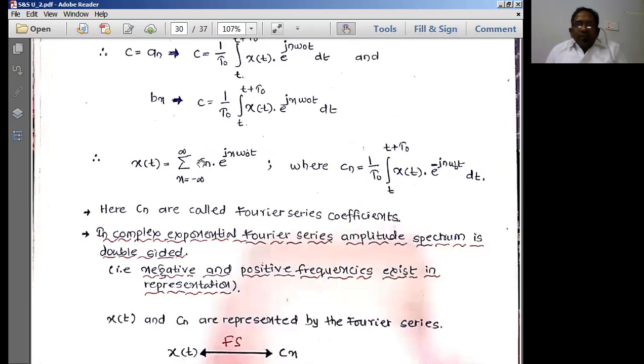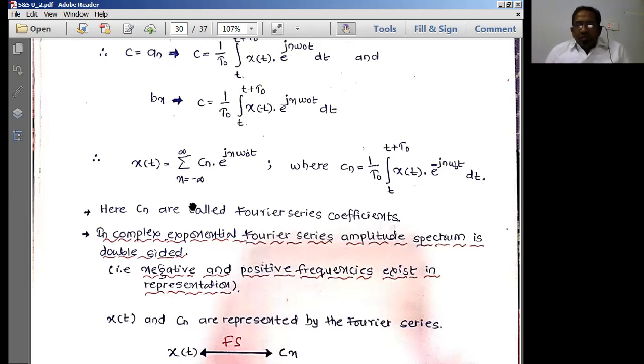So therefore here we are representing the signal in the exponential form by simply writing it as Cn into e to the power j n omega naught t, which indicates the signal x of t is represented in terms of the exponential component, where Cn is nothing but the coefficient of the component. In the earlier discussion we discussed x of t is equal to a naught plus sigma of an cos n omega naught t plus sigma of bn sin n omega naught t.